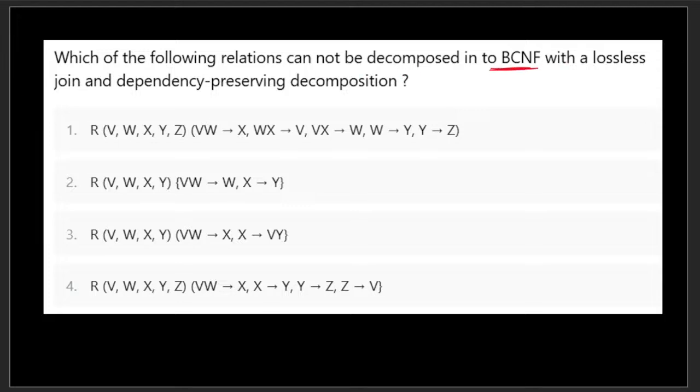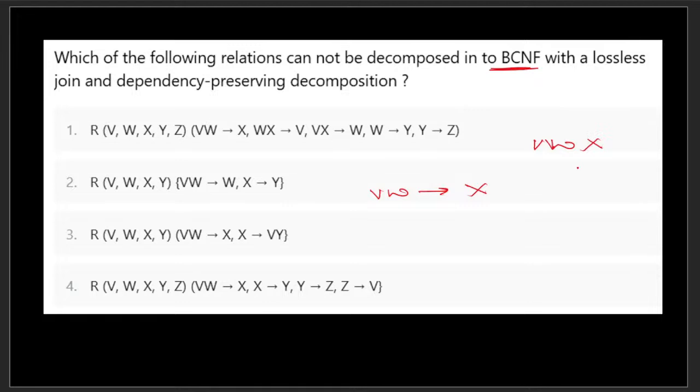Now if you try to see option 3, VW is deriving X. We cannot have V, W and X together in any BCNF relation, right? Because if you write VWX, X is not a super key.